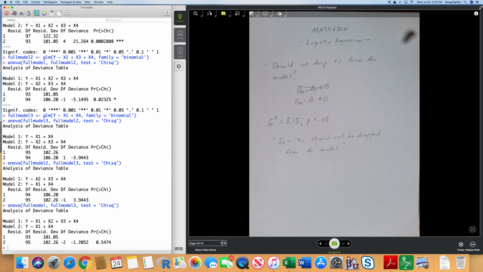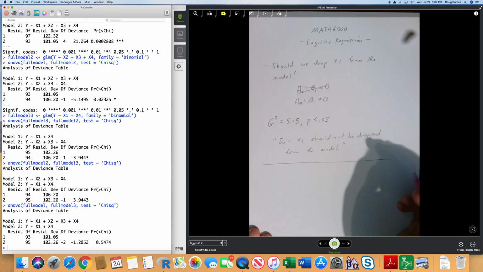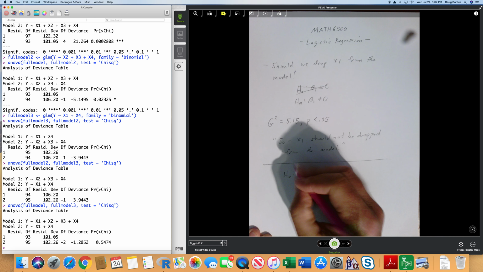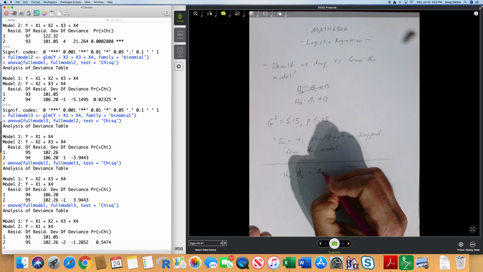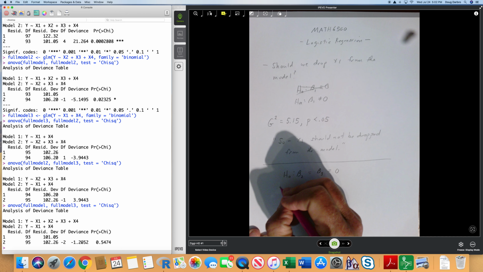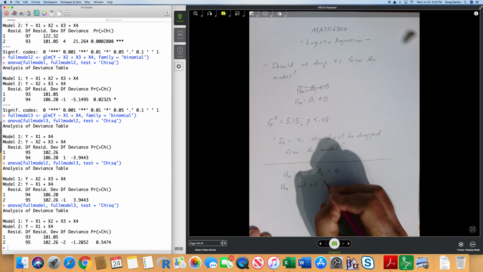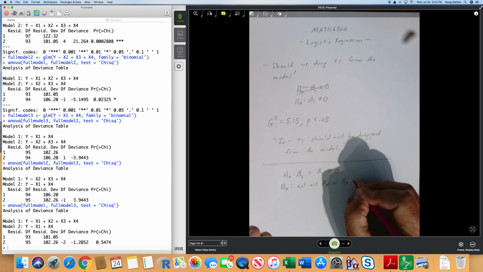So what we get here is, first of all, let's add structure to this so we know exactly what we're doing. So our null hypothesis would be H sub 0, that beta 2 equals beta 3 equals 0, and H sub A would be not all beta sub k in H sub 0 are 0.